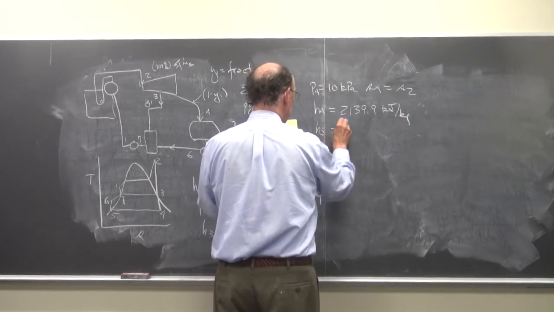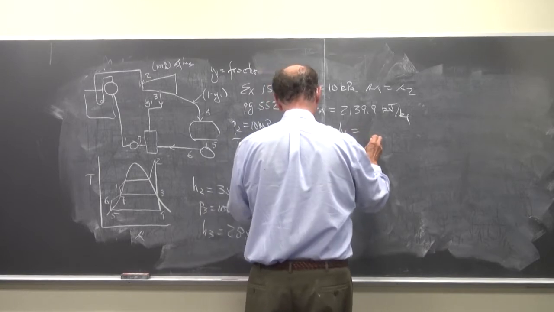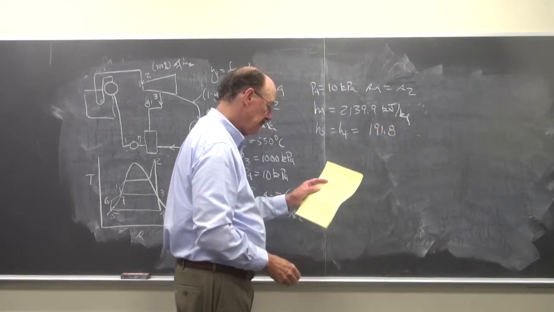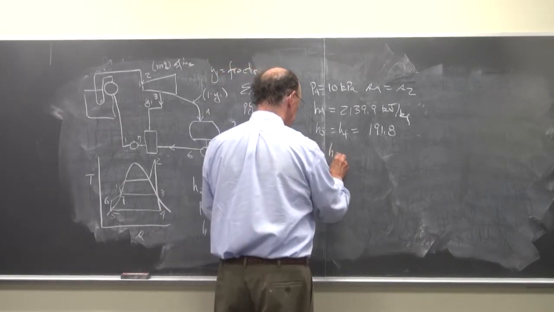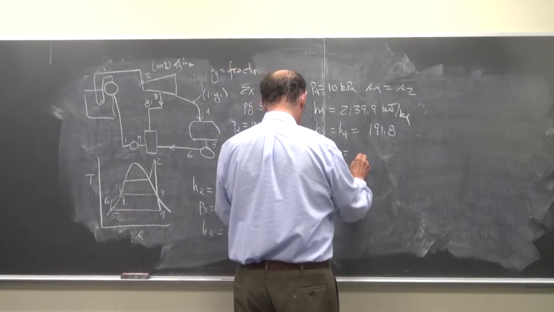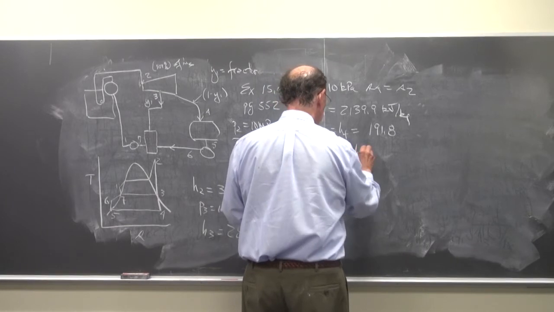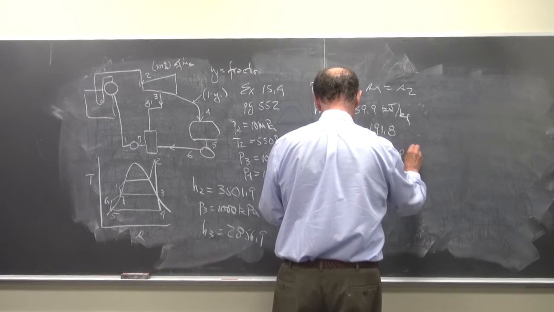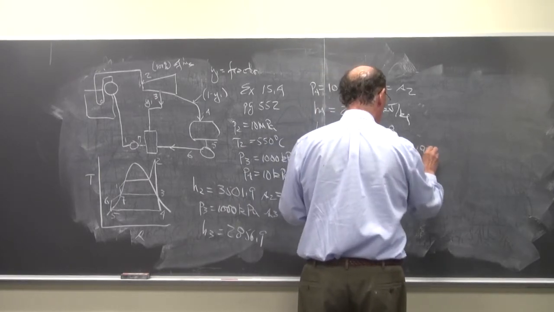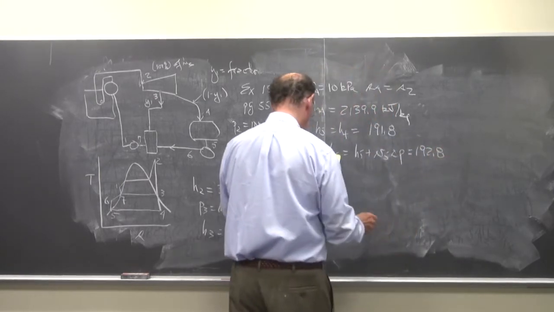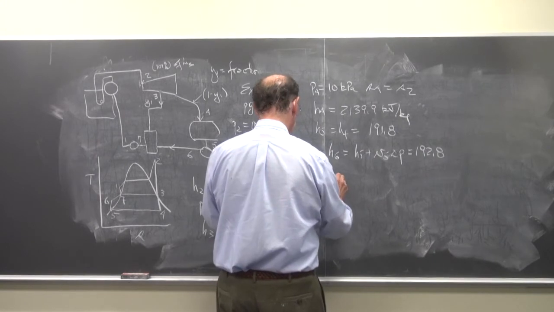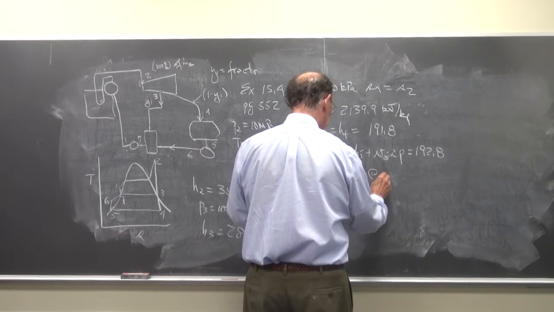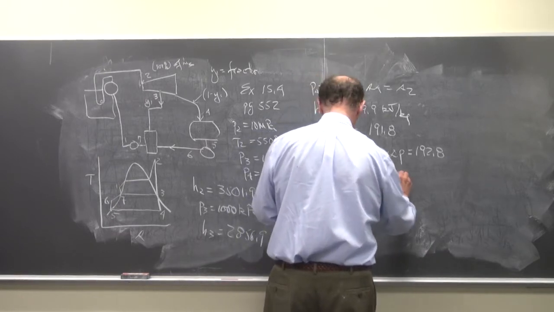H5 is equal to H sub F is equal to 191.8. H6 is equal to H5 plus V5 delta P. So that's equal to 192.8. H7 is equal to H sub F at P3.